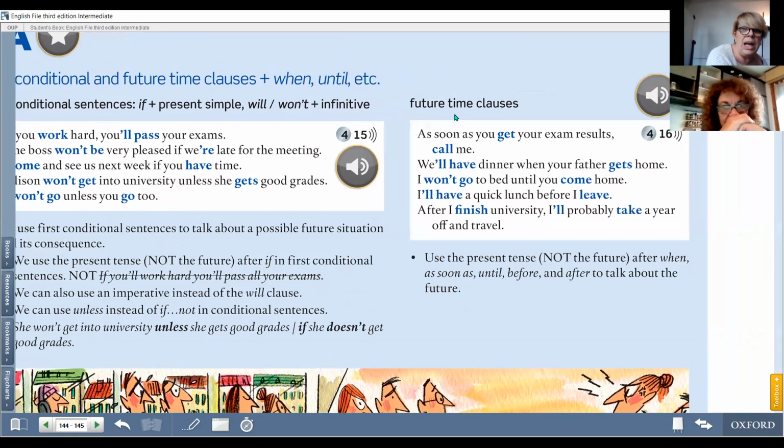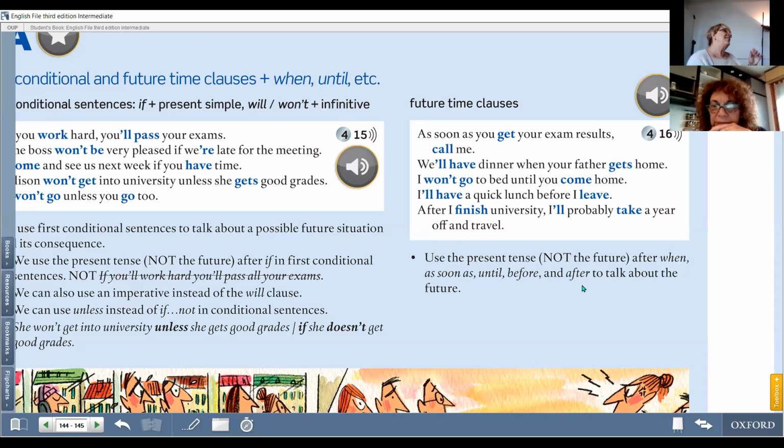When you have future time clauses, you have to use the present tense and not the future after when, as soon as, until, before, and after.